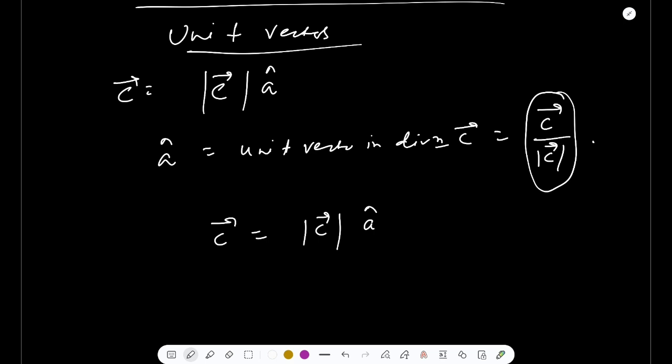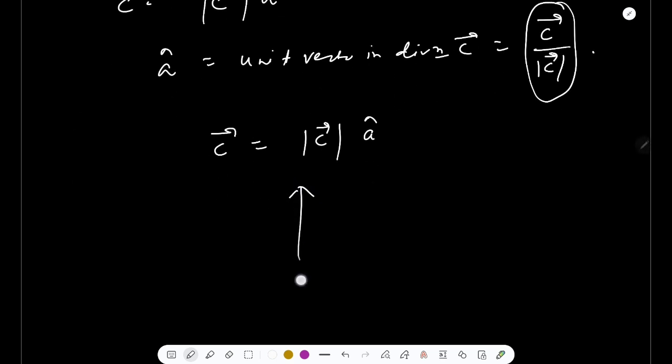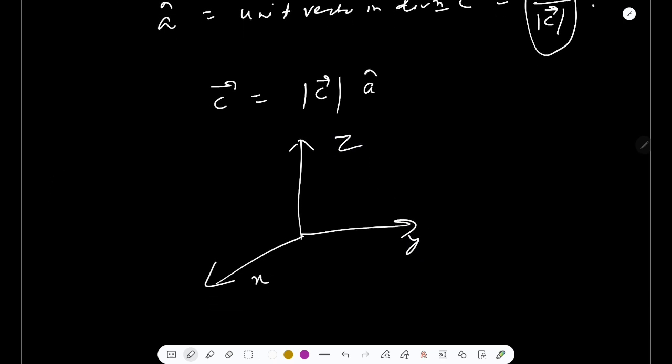Suppose we have XYZ axes like this, this is the x-axis, this is the y-axis, then this is the z-axis. By convention, unit vector i is assigned along the x-axis, unit vector j is assigned along the y-axis, and unit vector k is assigned along the z-axis.